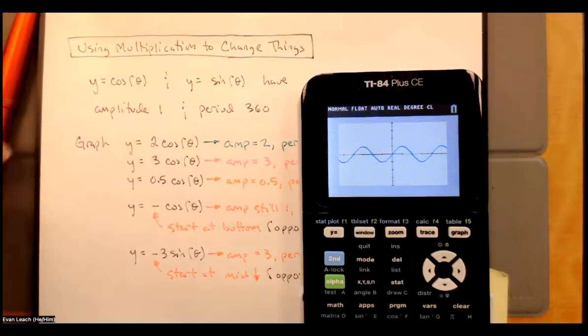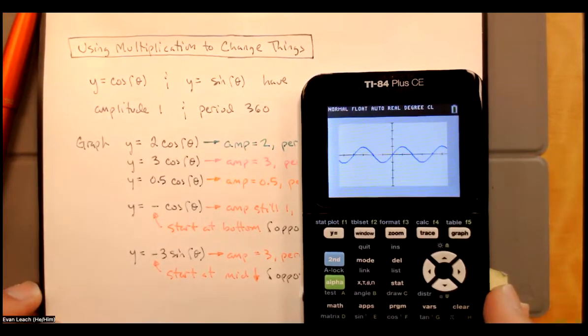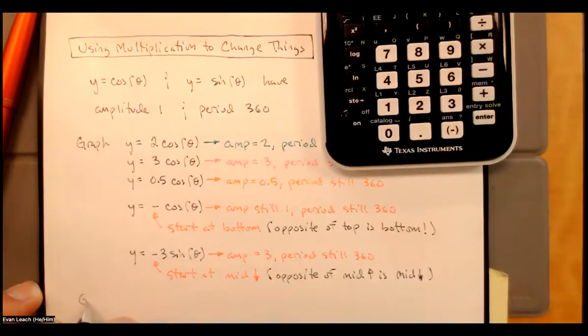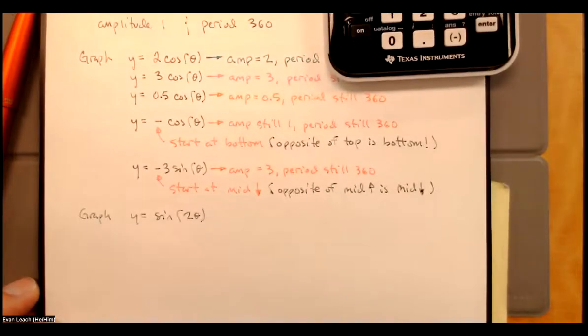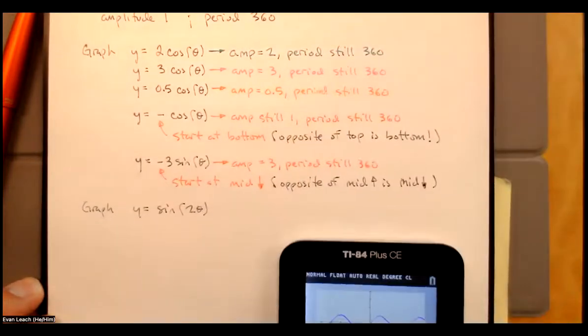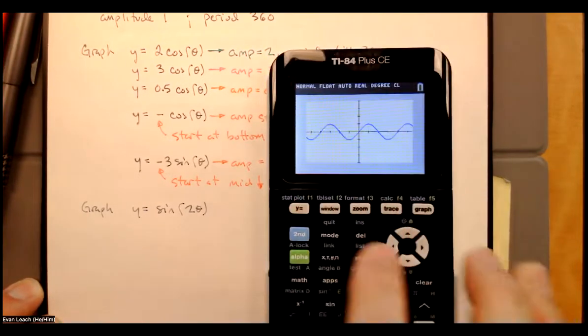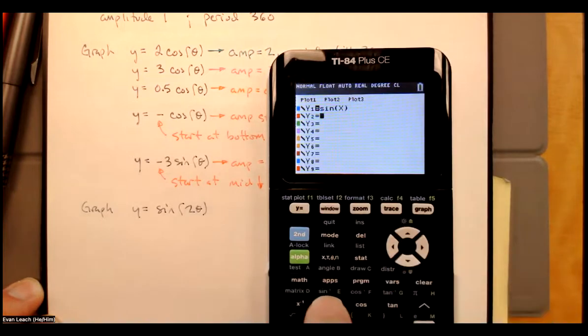So we want to graph sine of 2 theta. I want to still use multiplication, but I want that multiplication to take place before the sine. And now we will see things happen with the period.